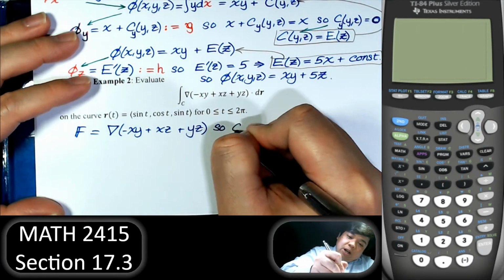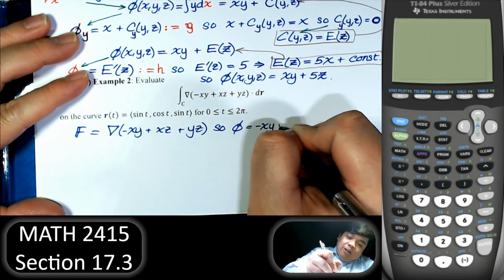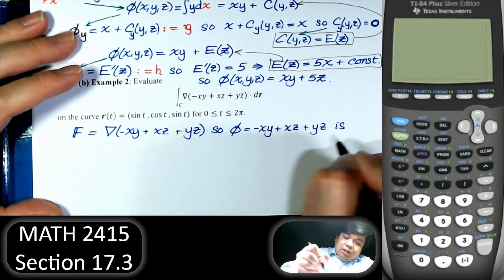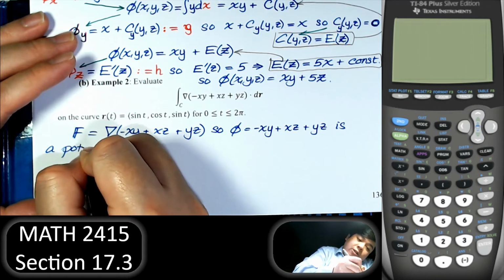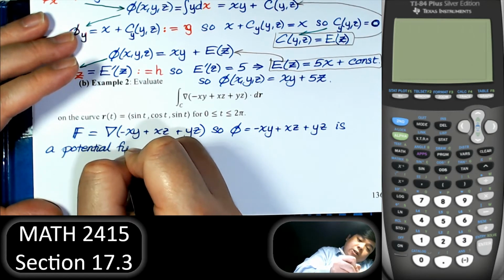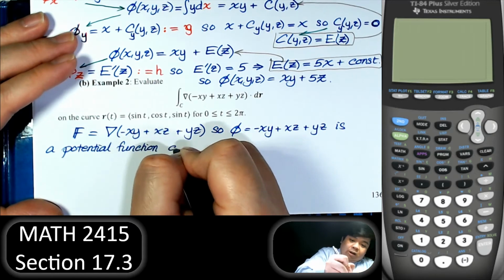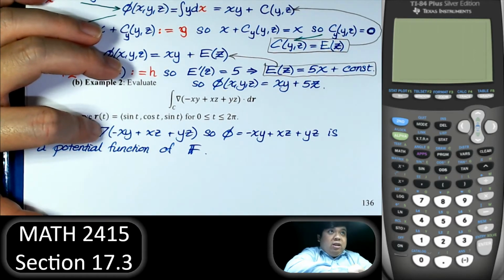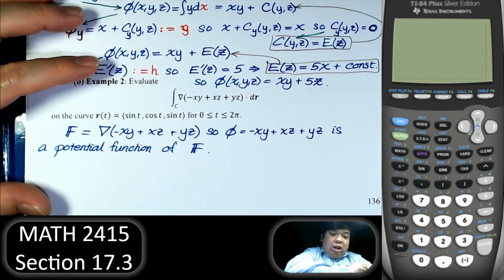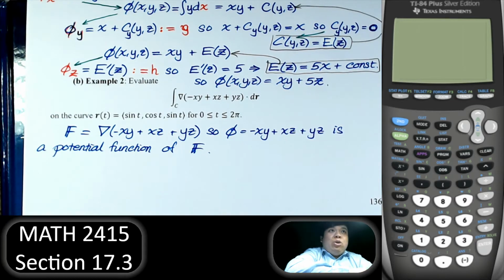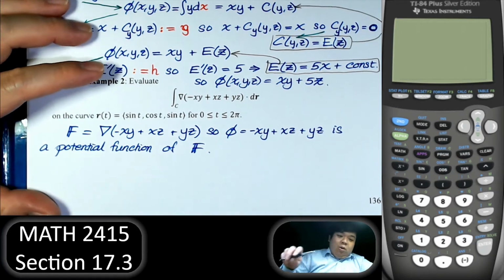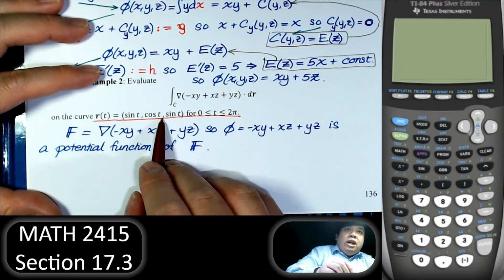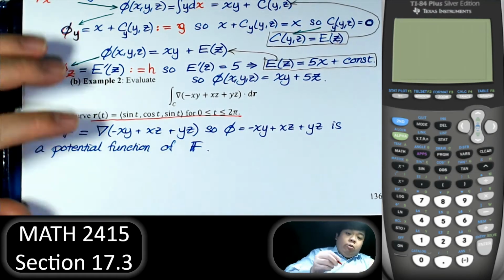So the potential function is a potential function of f. Yeah, because the vector field is equal to the gradient of some function. So that function is the potential function. And if there's a potential function, then what do we have? And notice that this curve, if you put 0 for t, and if we put 2 pi for t, those two will be the same.